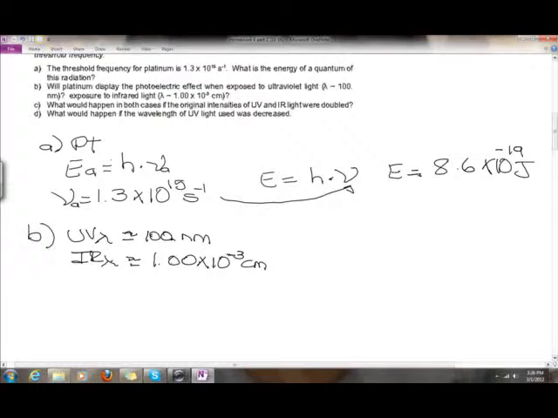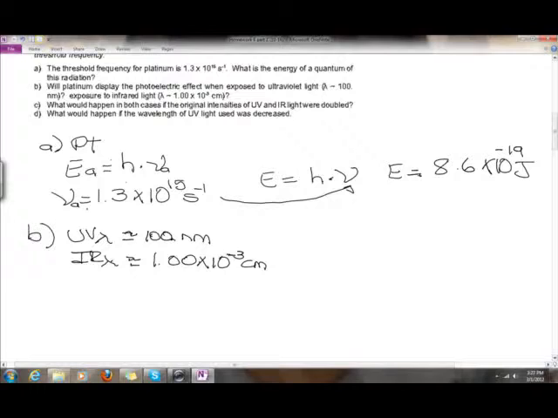If it's less than that, the platinum would not display a photoelectric effect. And remember the concept: the photoelectric effect is the energy emitted of an atom when the electrons are excited to a higher energy level by applying energy in the form of light or electromagnetic radiation.